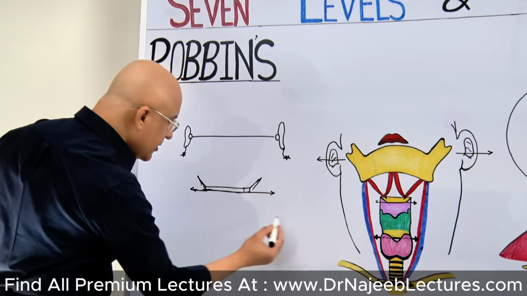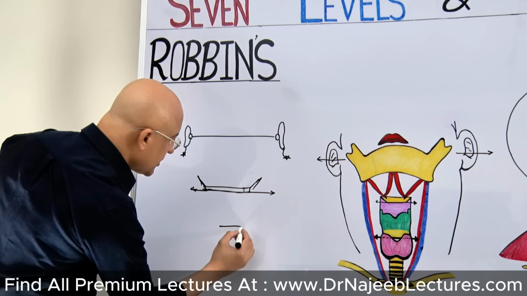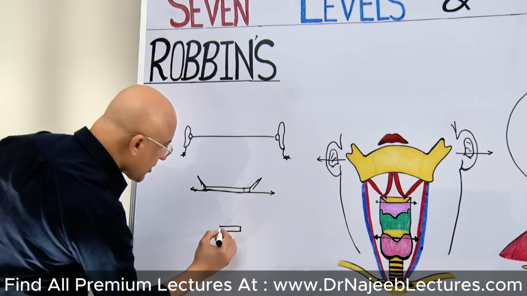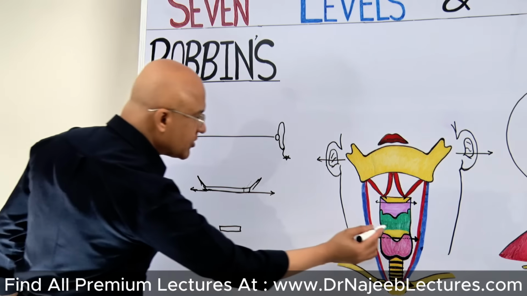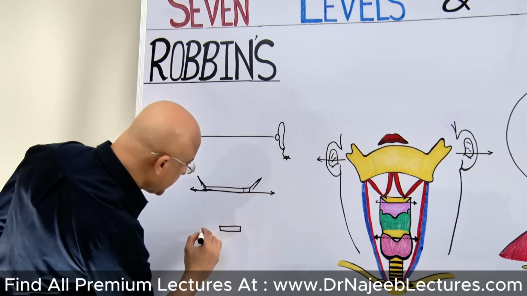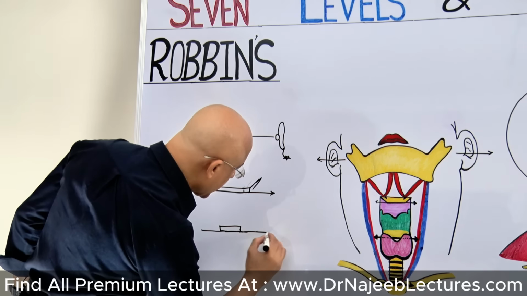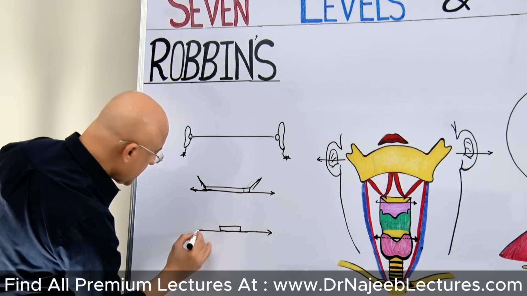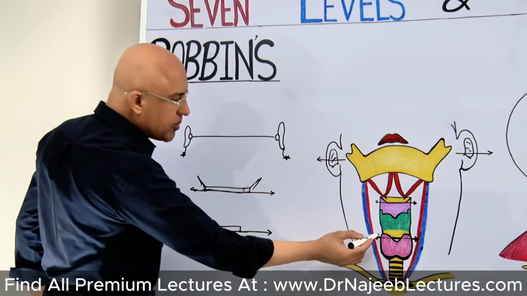I will draw it here, let's suppose it's here. I'm not drawing the three-dimensional structure, I'm just placing its anterior aspect, and this is the inferior aspect of the cricoid cartilage. That makes the third anatomical landmark.